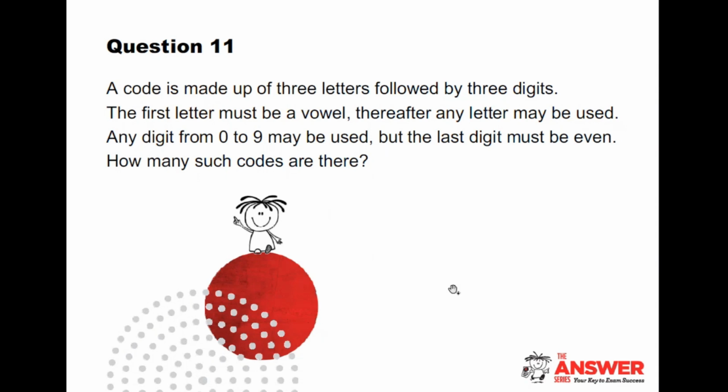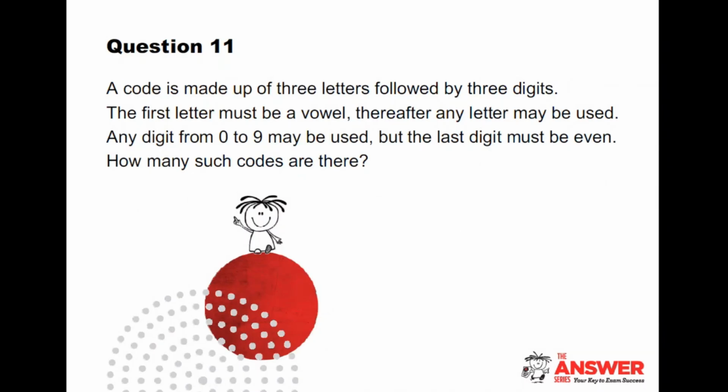Okay, how many slots do I have? 3 plus 3, 6. The first letter must be a vowel. So how many letters can go in the first slot? Well, how many vowels are in the alphabet? 5. Thereafter, any letter may be used.